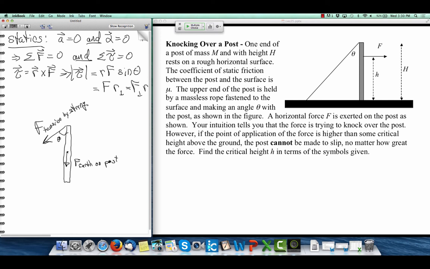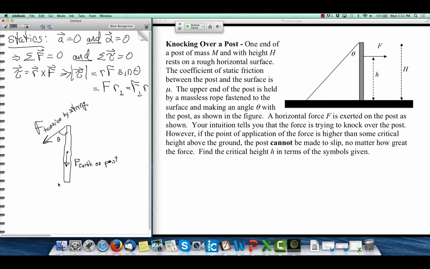And so you can see right away there's two things going on. The earth is pulling straight down, but there's a component of that tension force straight down. So as that tension force gets bigger, then there's more and more force straight downward.